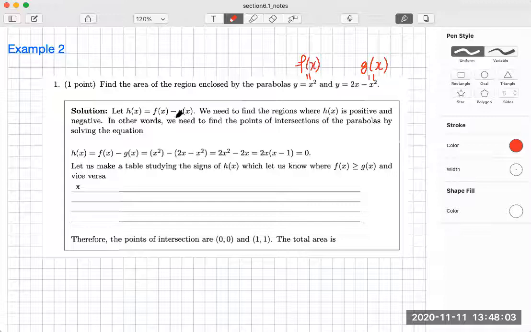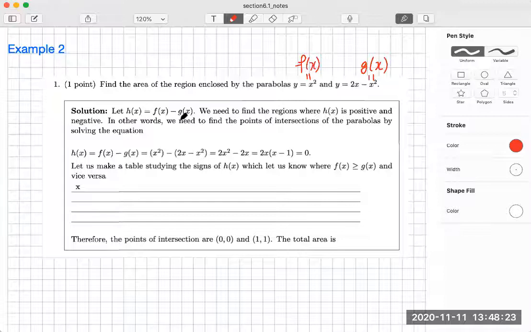Let us define it as the difference of f and g. If we do it this way, our job is to determine the intersections, and then on which intervals they are positive or negative.